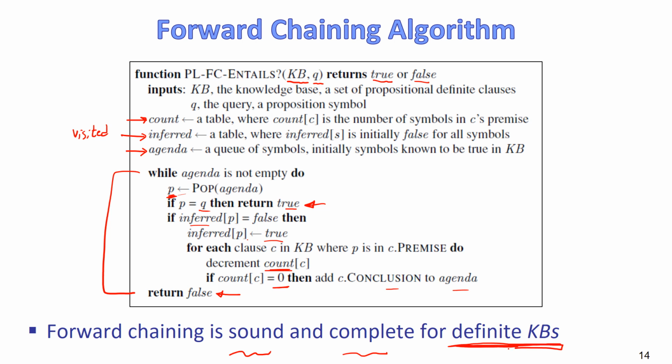The only condition here is that the knowledge base is full of definite clauses, which means that they can be written as implications, which means that we can apply forward chaining. We'll not go through the proof of being sound and complete here, but I want to emphasize this condition. So that will be linear, sound, and complete, but with the condition that we have definite knowledge bases.